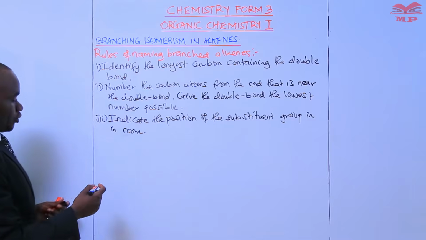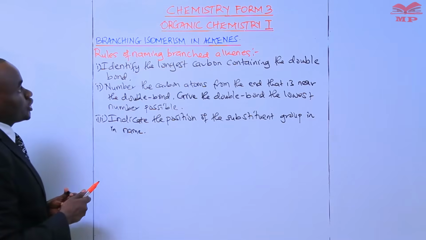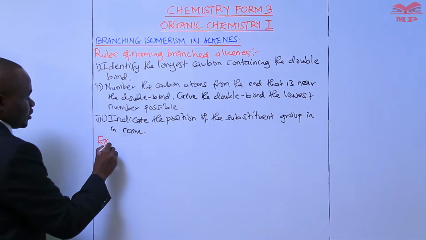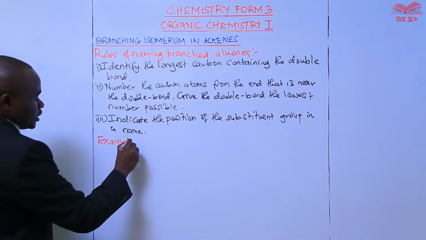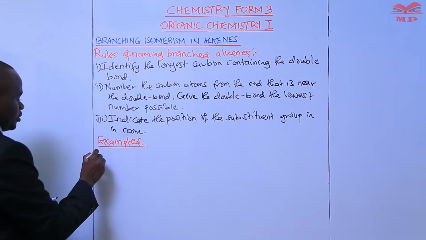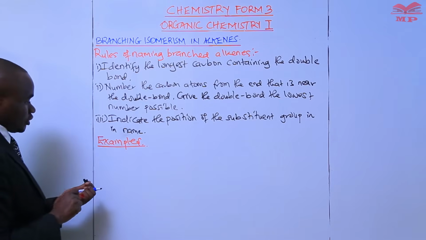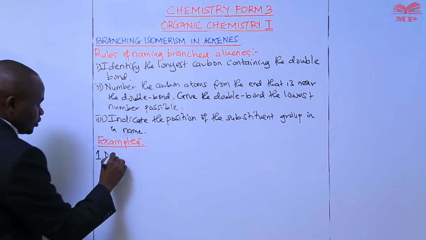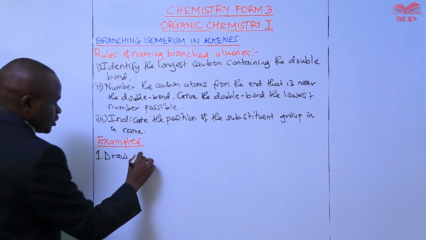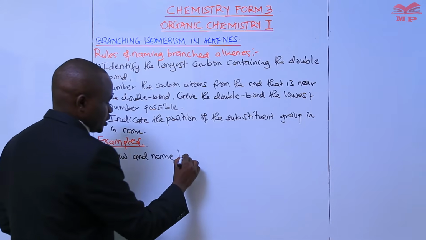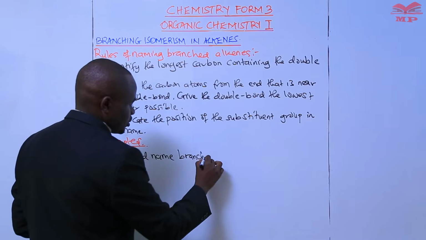So we now look at examples of branching isomers. First example is as follows.